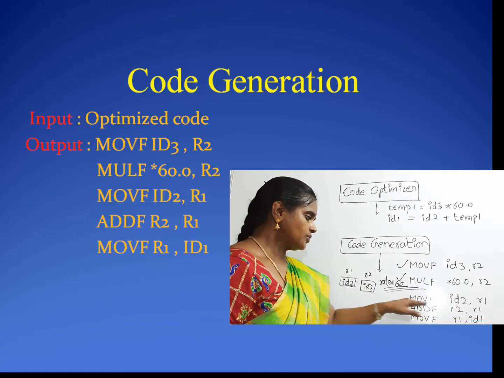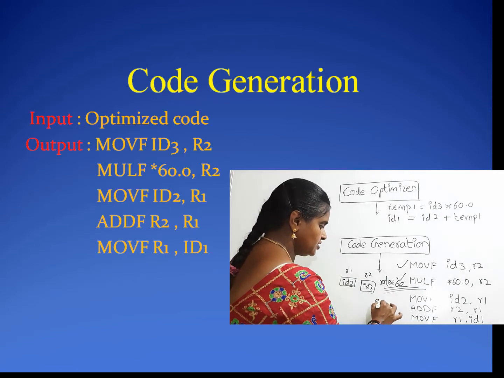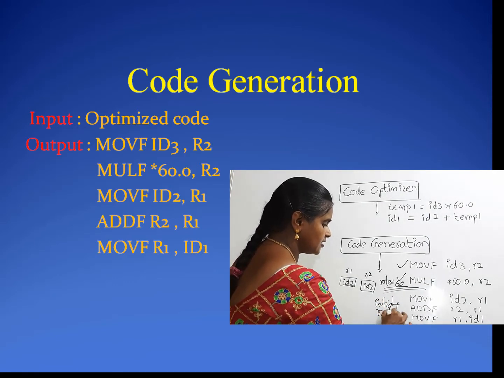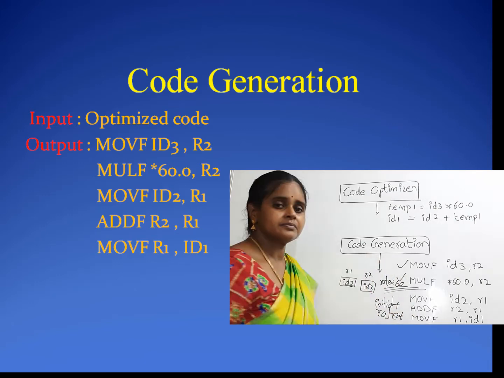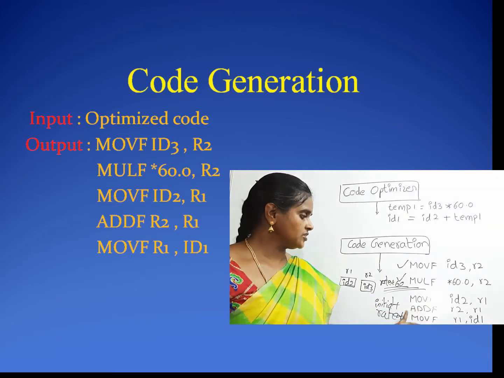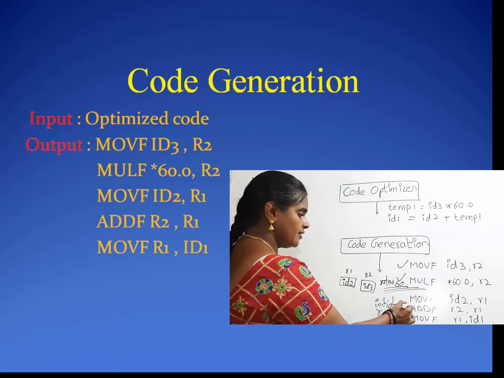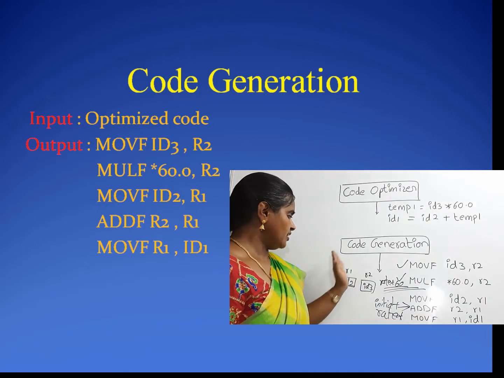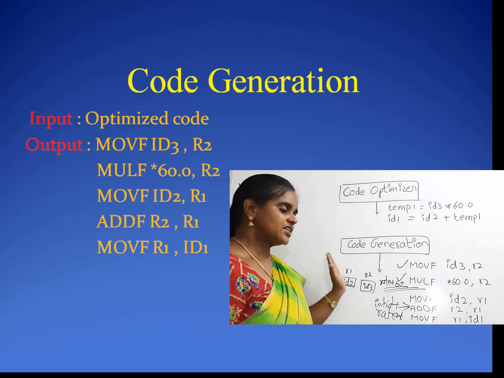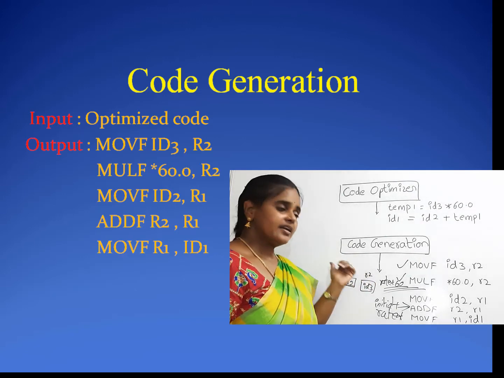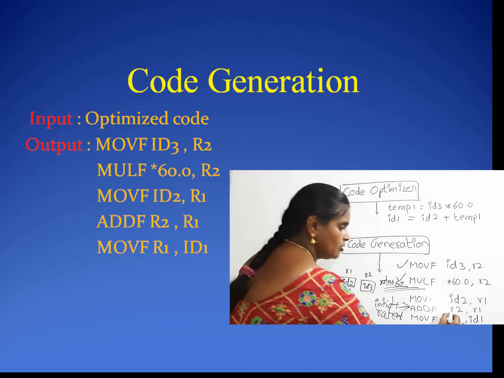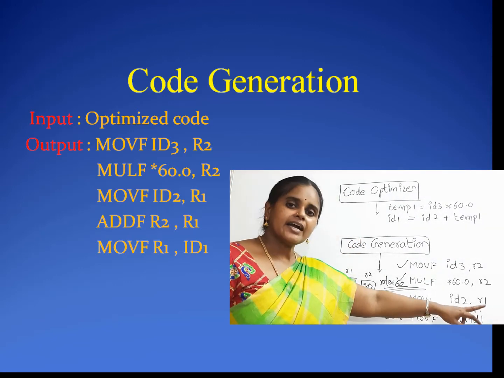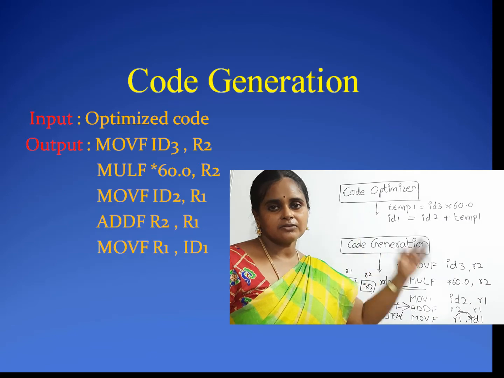That is, initial plus rate star 60, which is what you finally do. This is the main operation, add F. And next, move. Finally R1 plus R2, the resultant is stored in R1, and this R1 is finally moved into ID1. ID1 is finally the position variable.